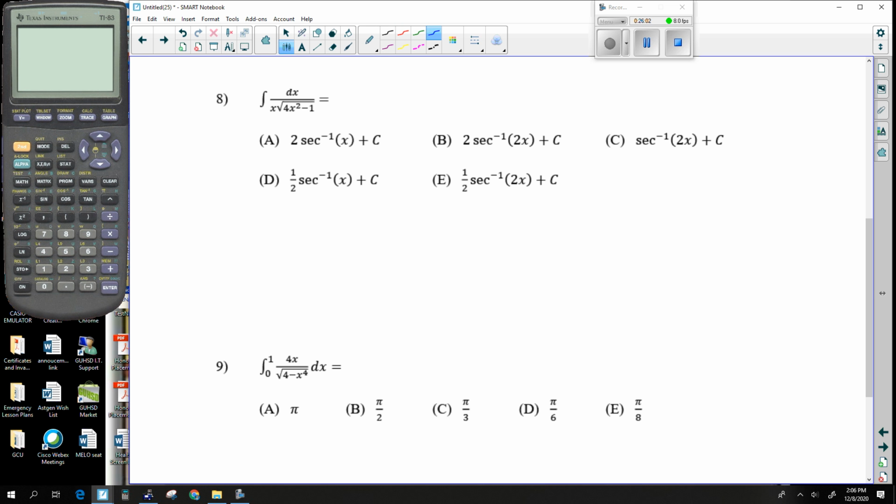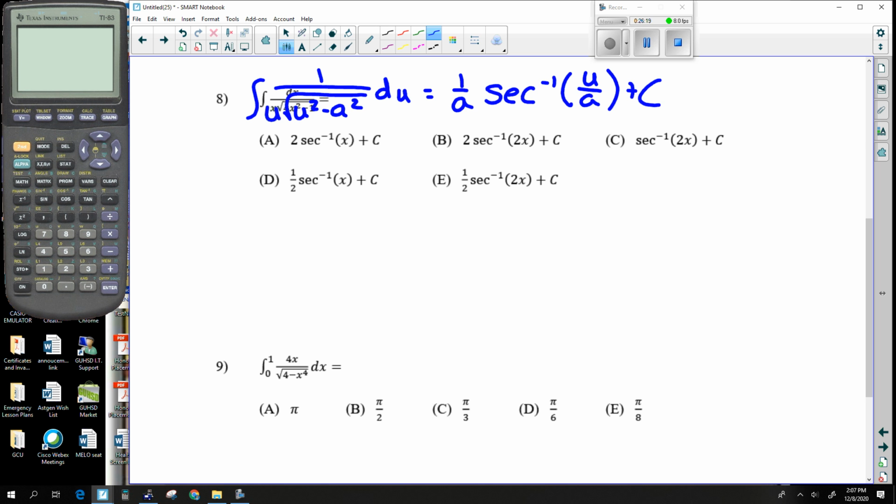All right, this one kind of looks like an integral of 1 over u times the square root of u squared minus a squared du. If that's true, this is going to be 1 over a inverse secant of u over a plus c.